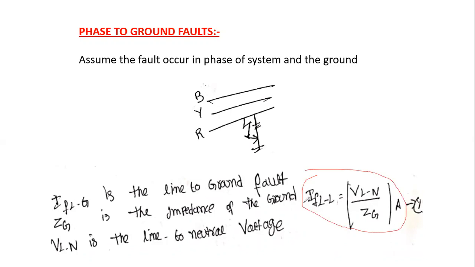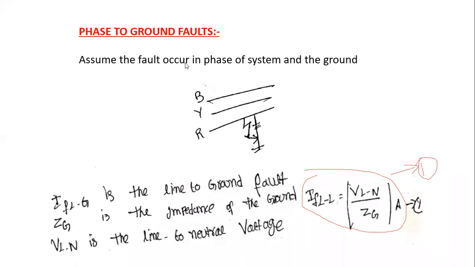That is IF, the fault current, equal to VLN, the line to neutral voltage, by ZG, where ZG is the impedance of the ground. Consider this as equation number 1.